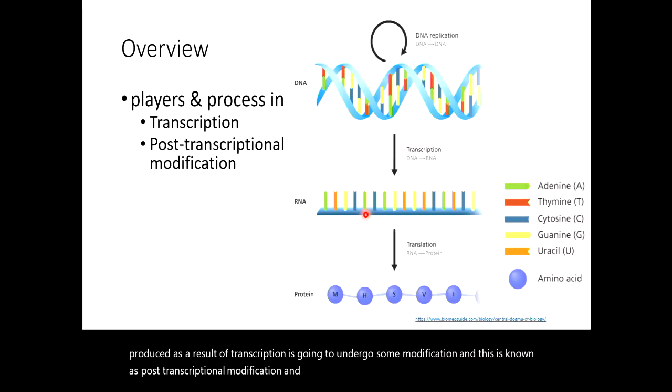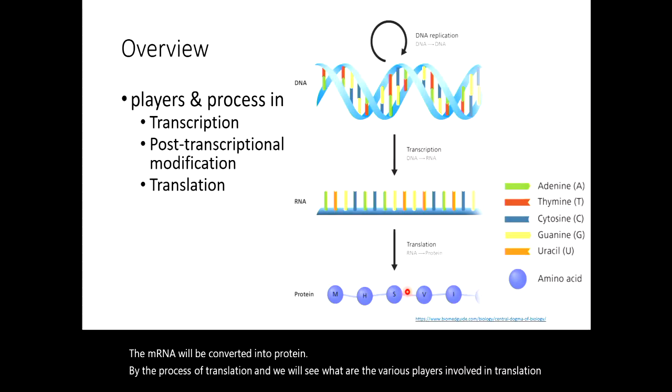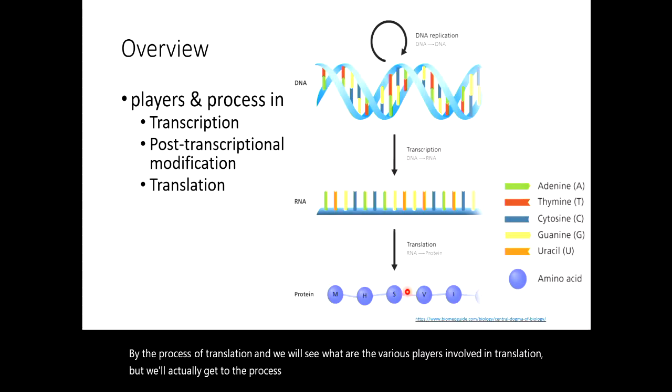And then the mRNA will be converted into protein by the process of translation, and we will see what are the various players involved in translation, but we'll actually get to the process of translation and also post-translational modification when we come back tomorrow.